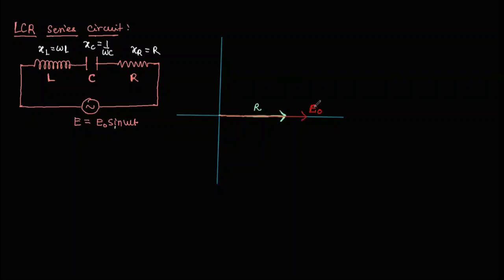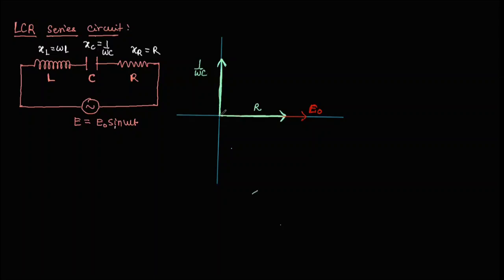Now for a purely resistive circuit, the current and EMF are in phase with each other. So the resistance offered by a pure resistor is in phase with EMF E naught. For the capacitive circuit, it is going to lead by pi by 2, which we are marking as 1 by omega C.